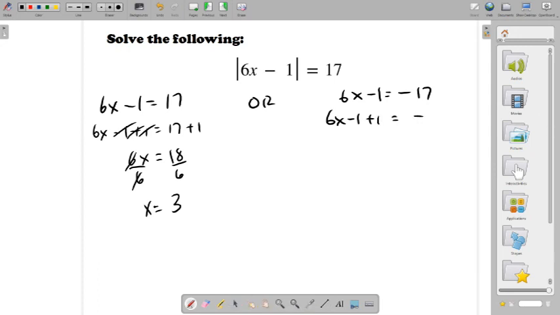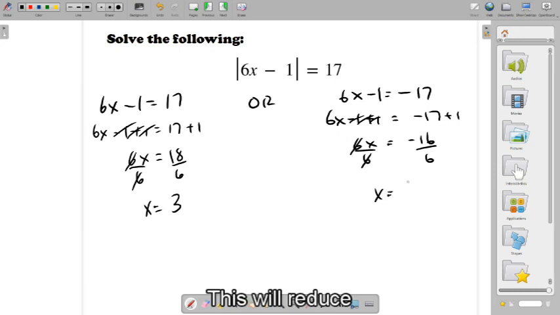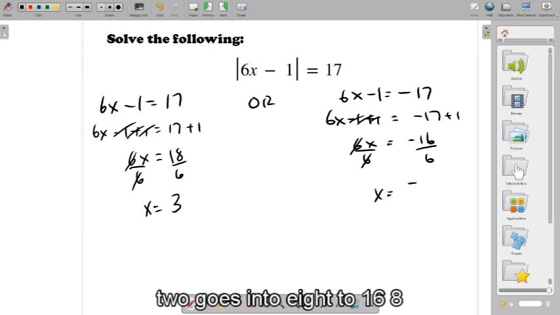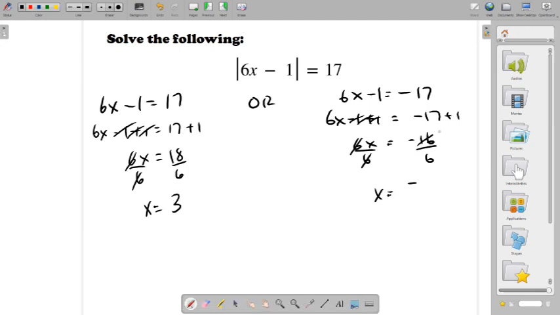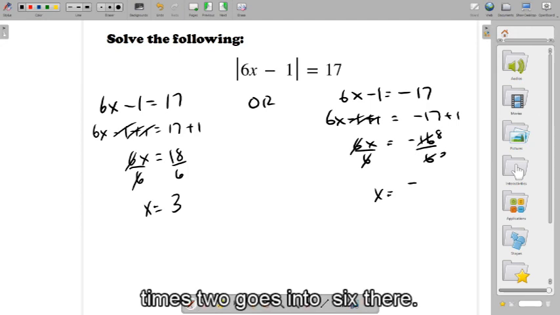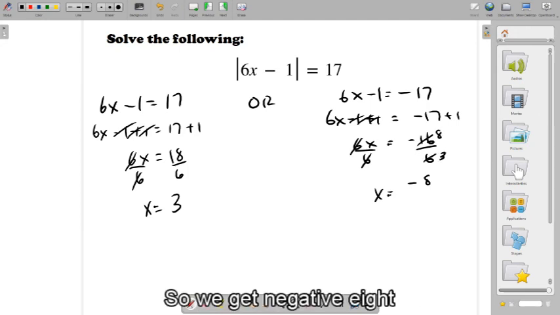Add 1. 6x equals negative 16. Divide by 6. This will reduce. 2 goes into 8, 2 goes into 16 8 times, 2 goes into 6 3 times. So we get negative 8/3.